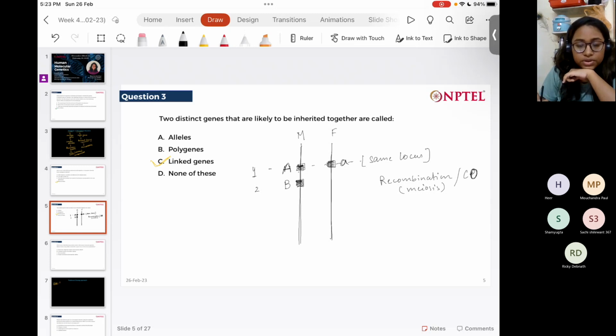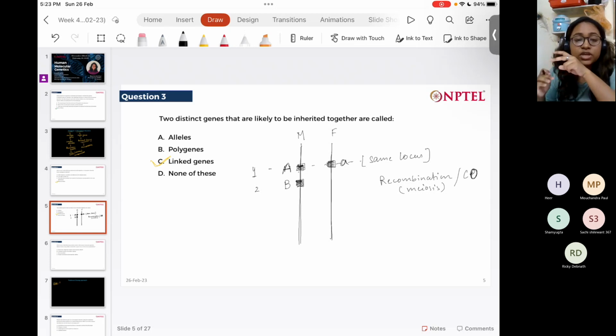They are positioned at a very close distance to one another, and people have seen that linked genes always inherit together because of this unique characteristic.